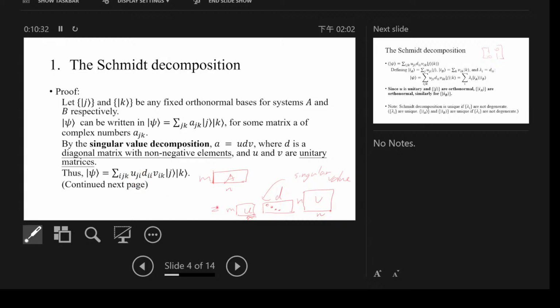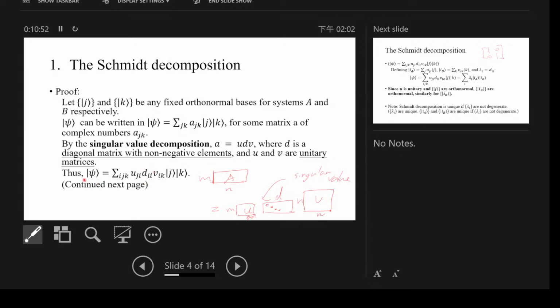So we only introduce one extra index instead of two, because usually whenever you have a matrix multiplication in between, you need to introduce an extra dummy variable. But because D is diagonal, you only have the one index I here.